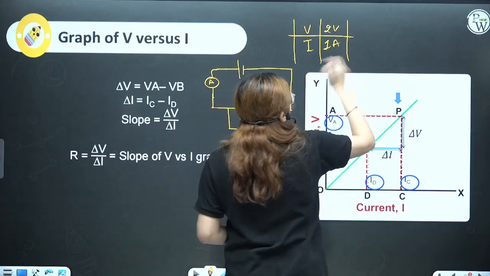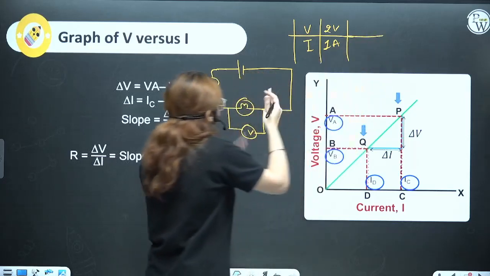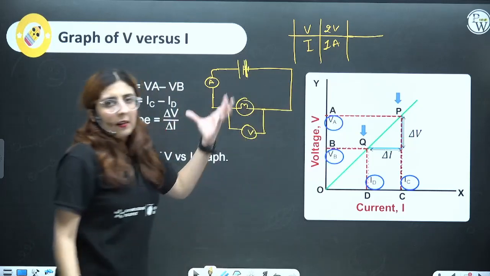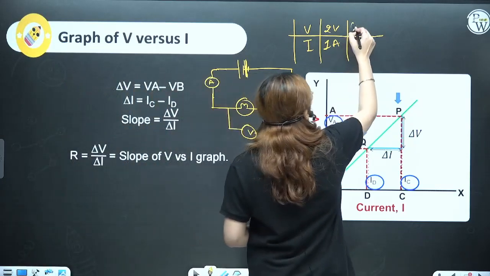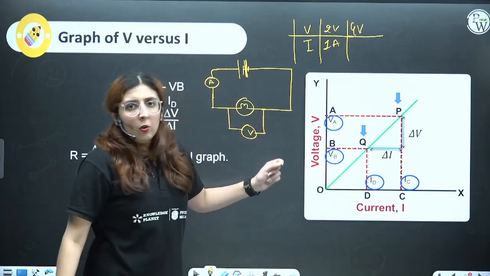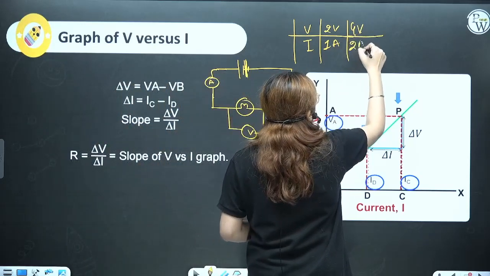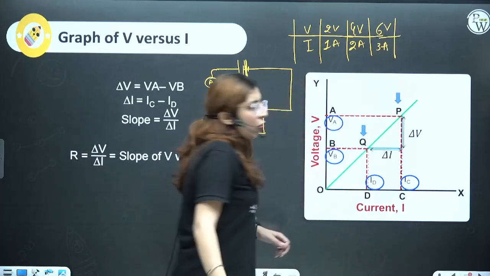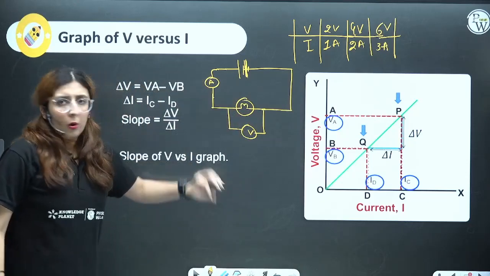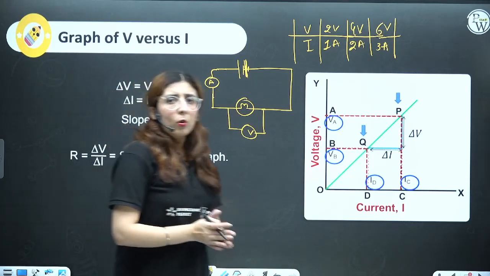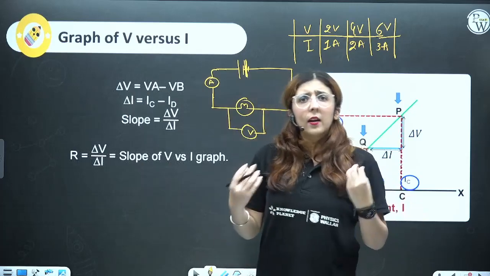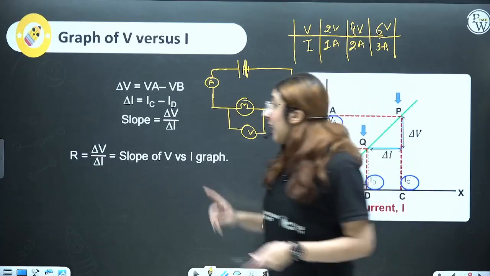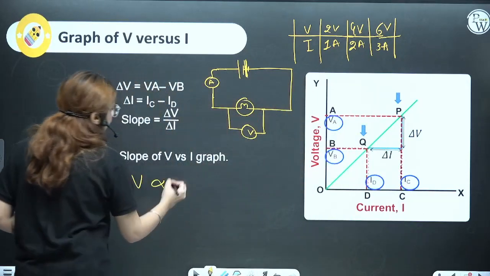Then they added one more cell and kept it at 4 volt, and the current increased to 2 ampere. Making it 6 volt, it came out to be 3 ampere. By this experiment, scientists discovered that when they increase the potential difference, the voltage, the current also increases. That is how they stated that potential difference is directly proportional to current.